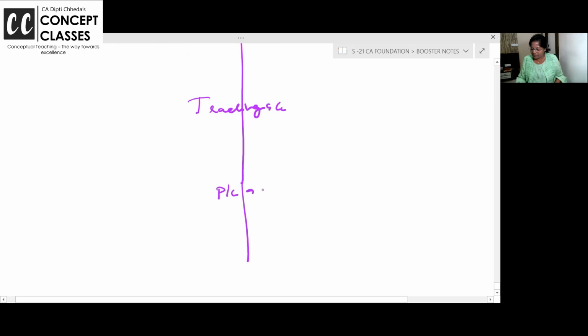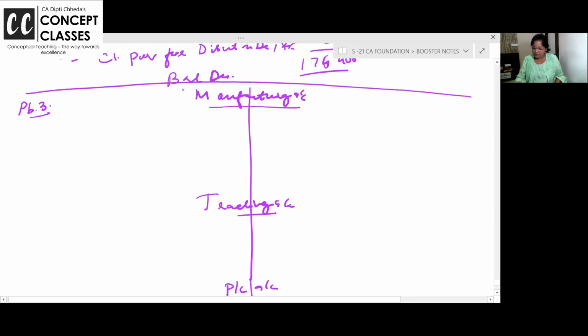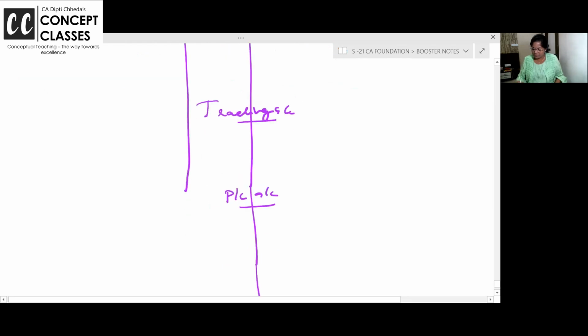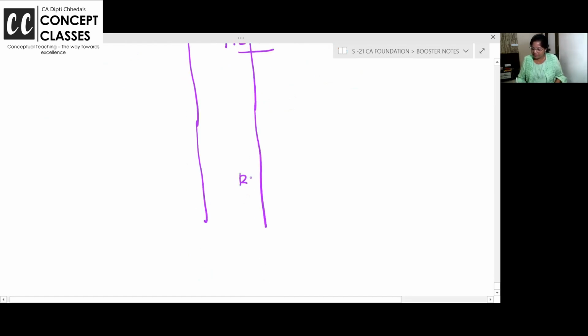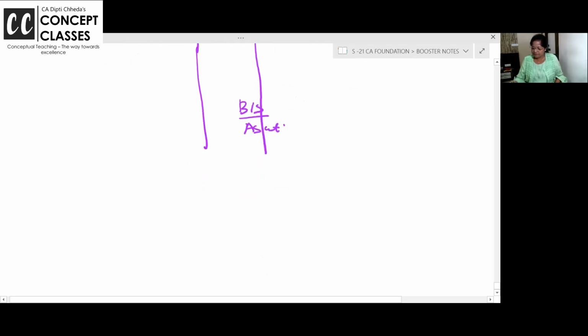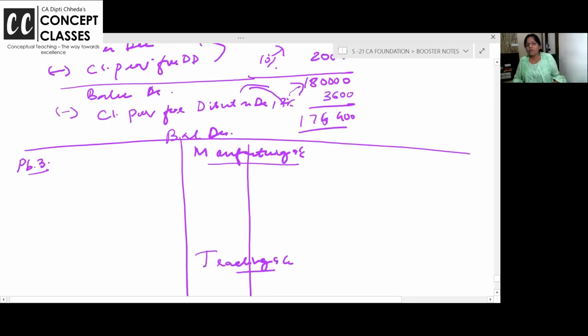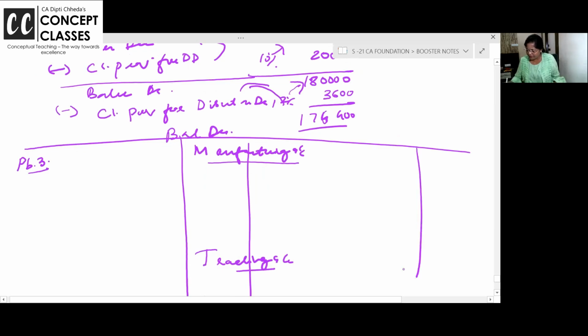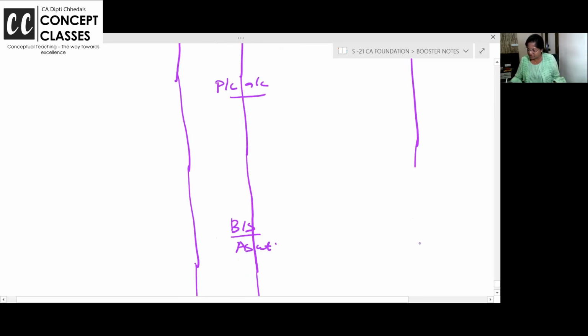Then we have P&L account. P&L account is below the line. And then we have the balance sheet. ठीक है? 2 full pages: manufacturing account, trading account, P&L account, balance sheet.